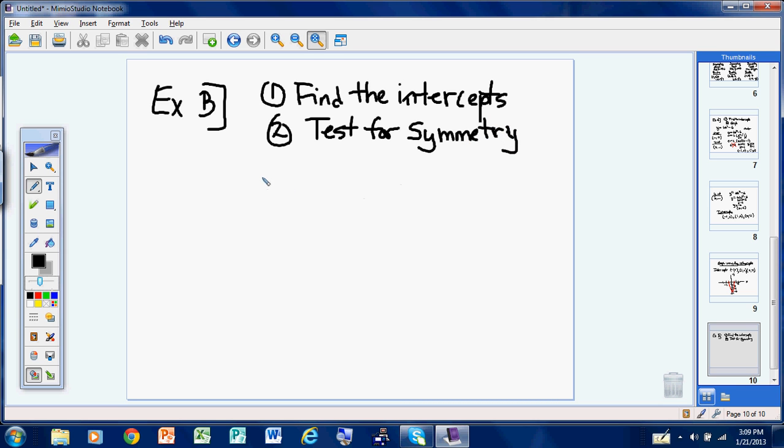Okay, and this is the equation that we're using. y equals x to the 4th minus 3x squared minus 54.